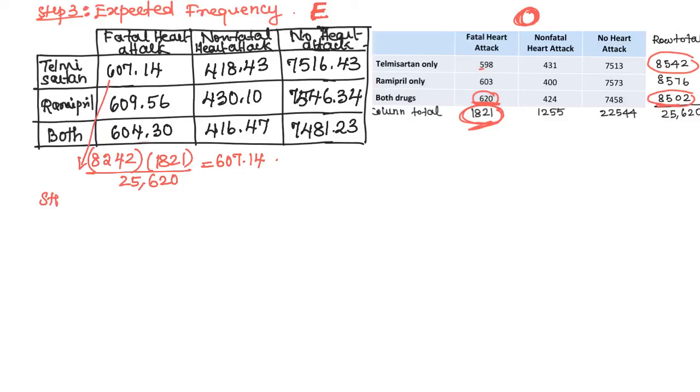Now in step 4, choose alpha, significance level is 0.05. Then compute the test statistic.